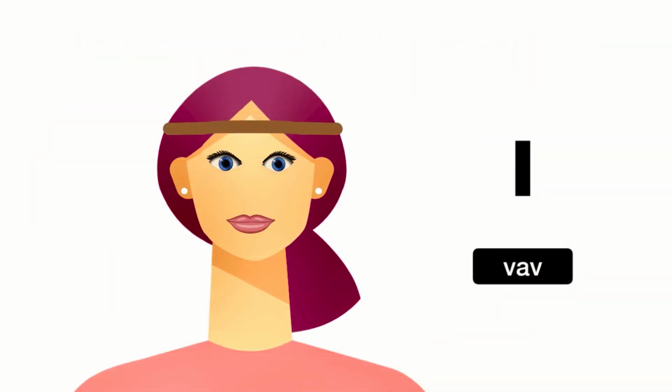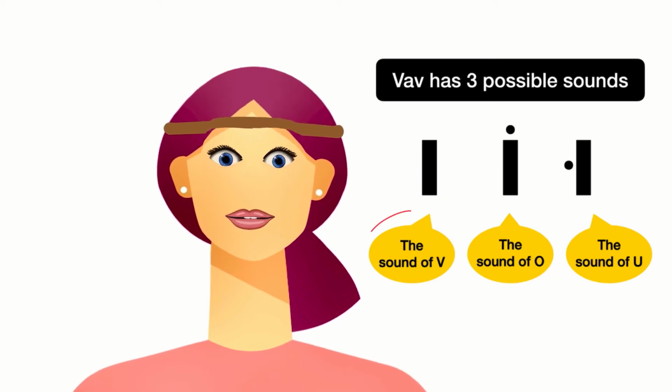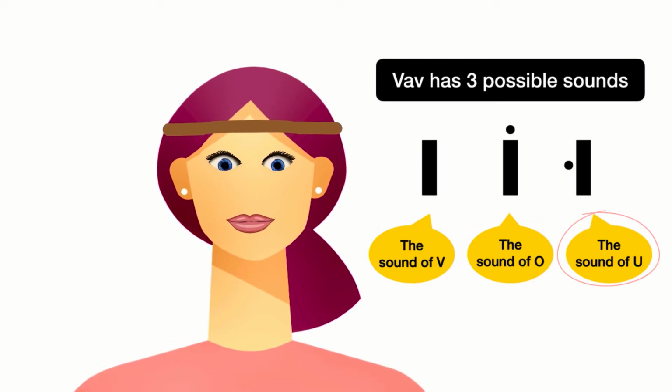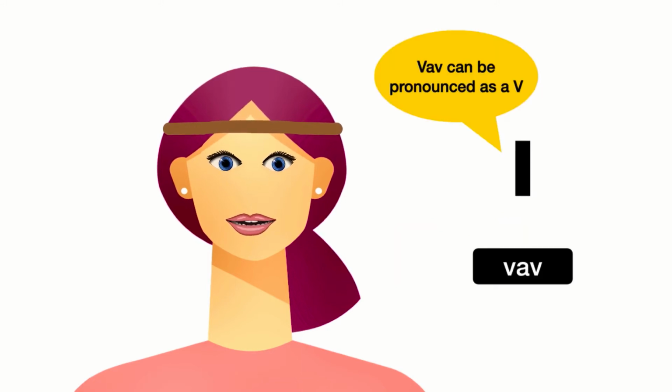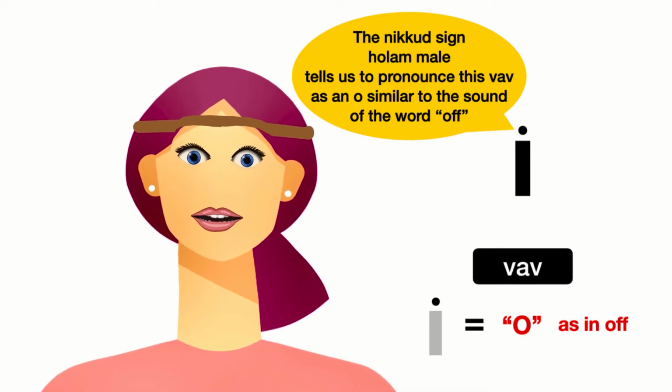Vav. Vav has three possible sounds: the sound of V, the sound of O, or the sound of U. So remember, Vav can be pronounced as a V. And note that the letter Vav is pronounced as the vowel O if it has the nikkud sign called cholam maleh.